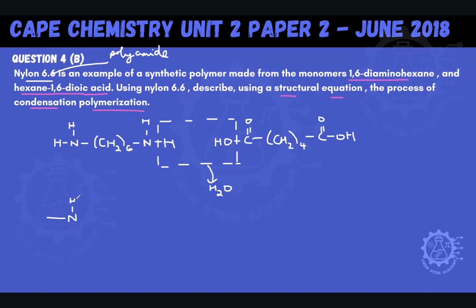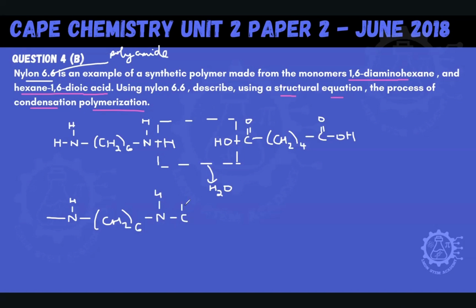Have one H here. And then I'm just drawing one repeating unit. So one of the units that form from the condensation. So we're taking out the water. And so what we have left is this CH2, 6, N, H. And now the N is going to bond to the CO, right?